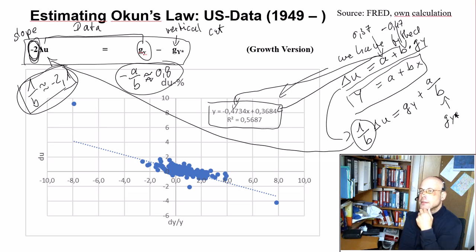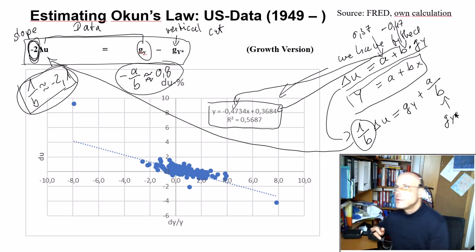And what is, I think, quite interesting is we have here now, so to speak, a rough estimation for potential growth over these, yeah, how much do we have? We start in 1948.